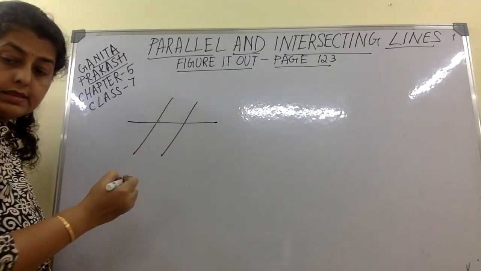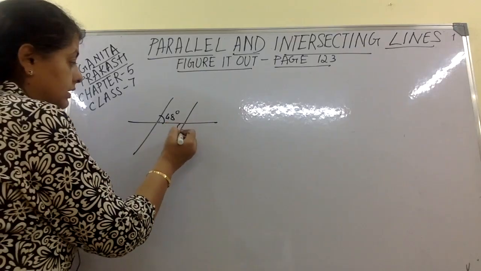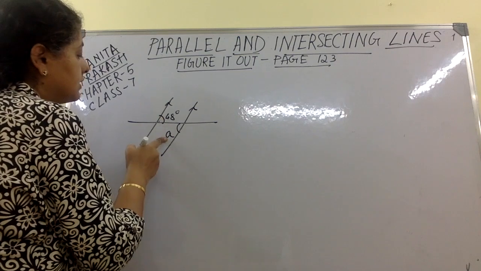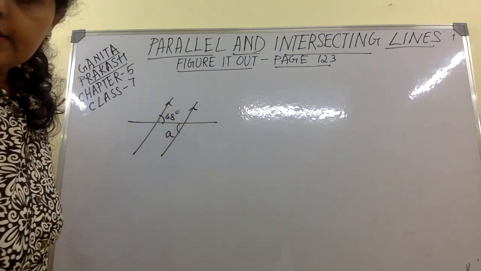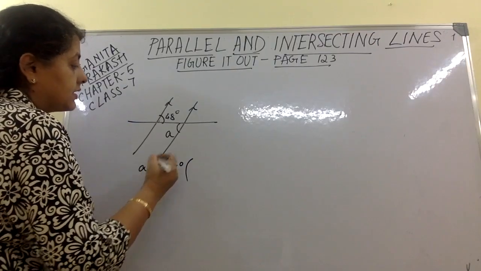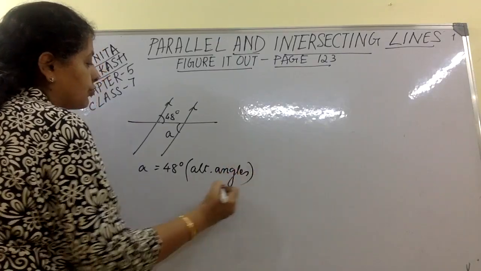This is 48 degrees and they want the value of this angle A. If these two lines are parallel, A is clearly 48 degrees. Please give the reason. Alternate angles. If you write this much, it is more than enough.